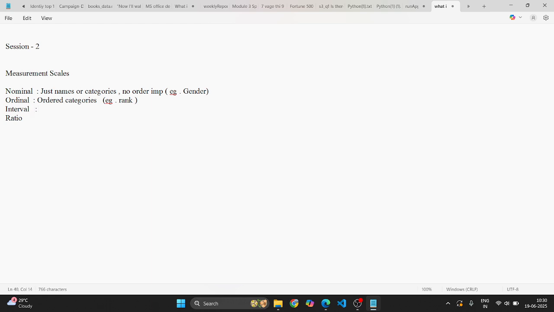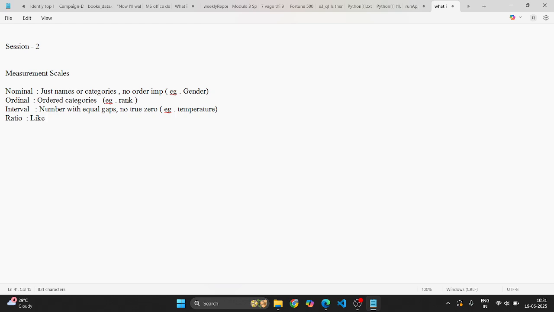Now interval. What's the interval? Numbers with equal gaps. And what was the condition? No true zero. For example, temperature. Good. Now the next is the ratio scale, the last one.